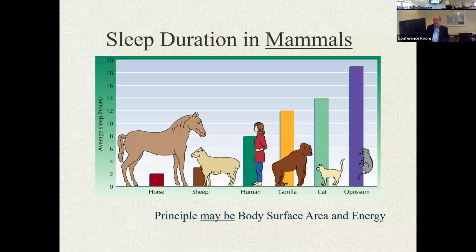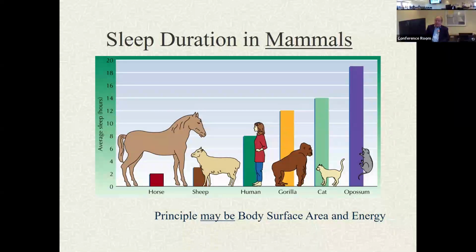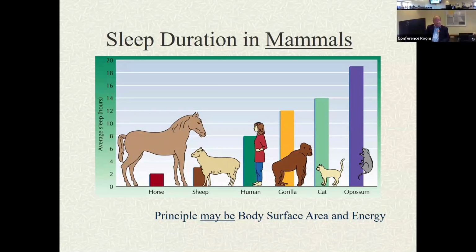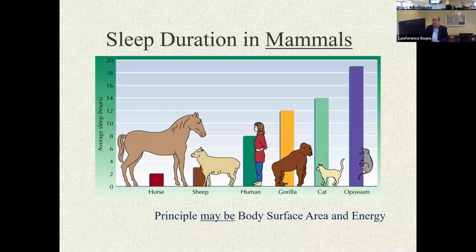And then the other is the opossum and the swallow. I mean, our dogs sleep crazy. The principle though may not be the size of the animal, but the body surface area and the energy. And there is an energy theory of homeostasis that predicts sleep. Those are mathematicians that get it.